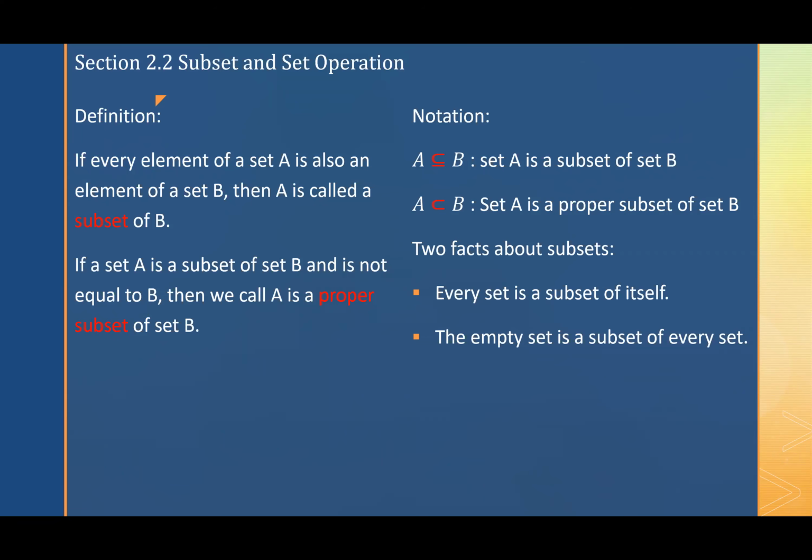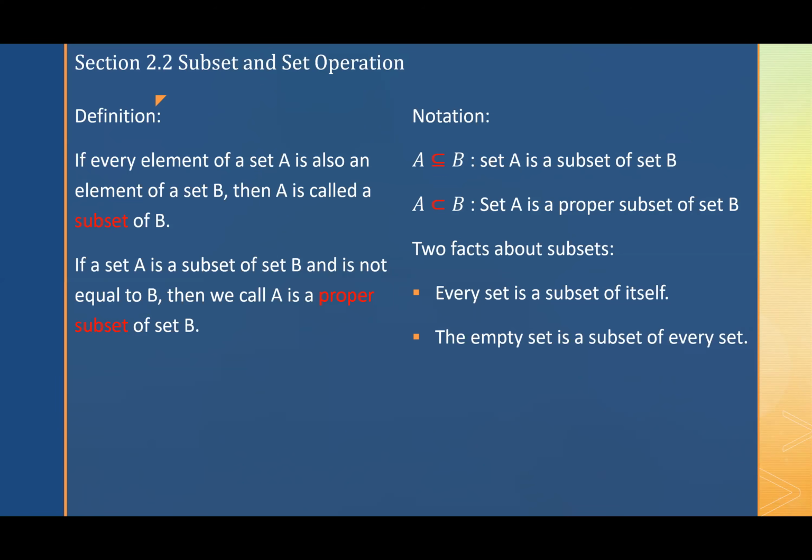To add more words, the other thing we have is two facts. This will always be true: every set is a subset of itself, okay? Why is every set a subset of itself? Because, as you know, if they are the same set, then they are equal, right?